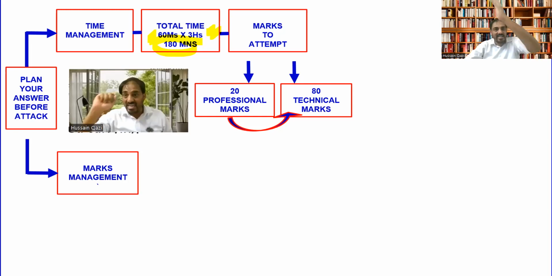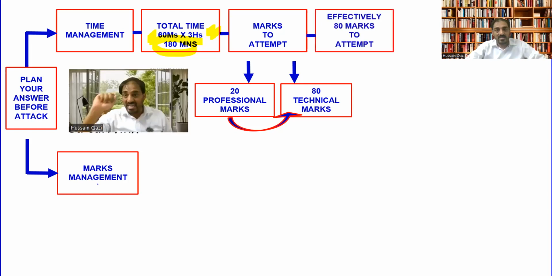It's included with the technical marks. So effectively 80 marks to attempt. This means if you have 180 minutes, divided by 80 marks, you have 2.25 minutes for each mark. That is called time allocation.